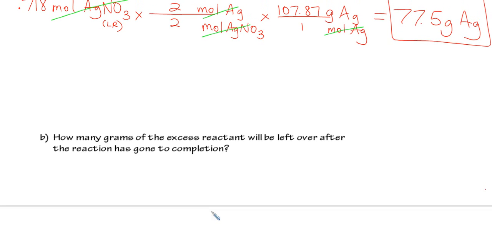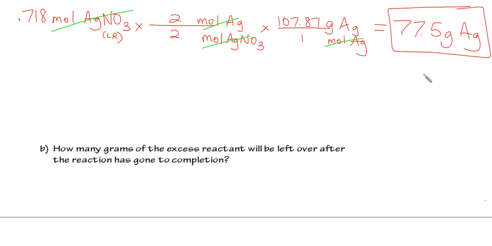So I'm actually going to set up something that looks really similar to this last stoichiometry. We're going to start with the limiting reactant, 0.718 grams of silver nitrate. But this time, instead of switching to the product that we're looking for, we'll switch it to the excess reactant, the nickel. There we go.